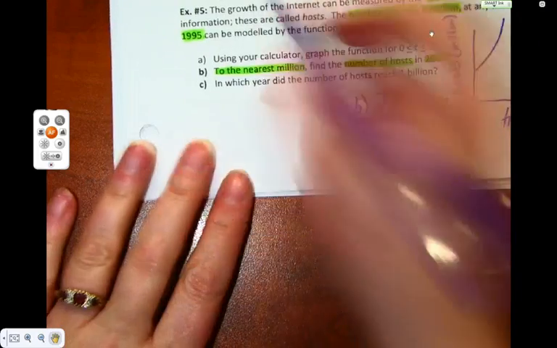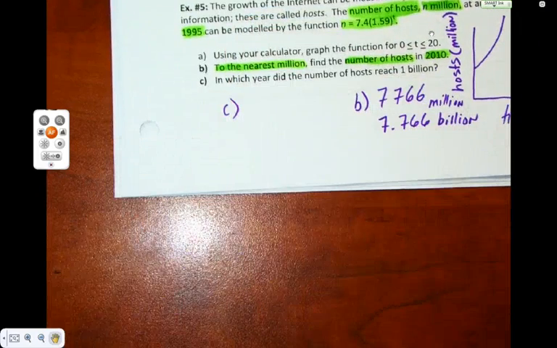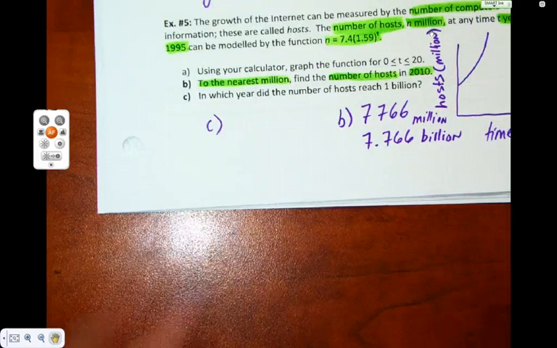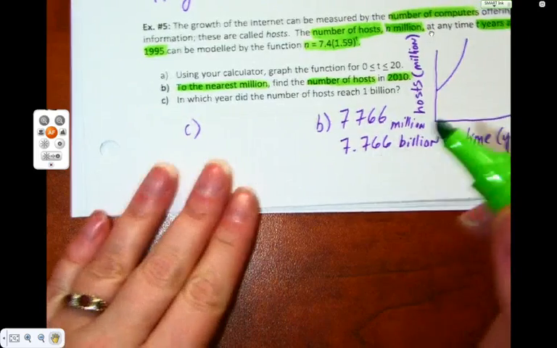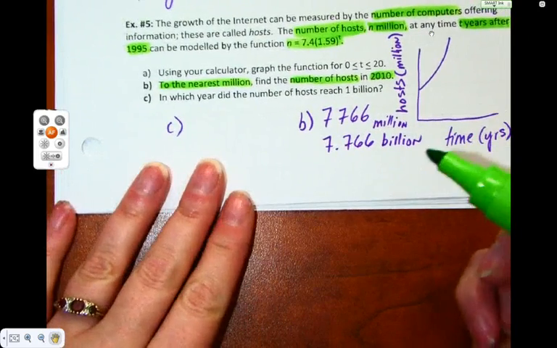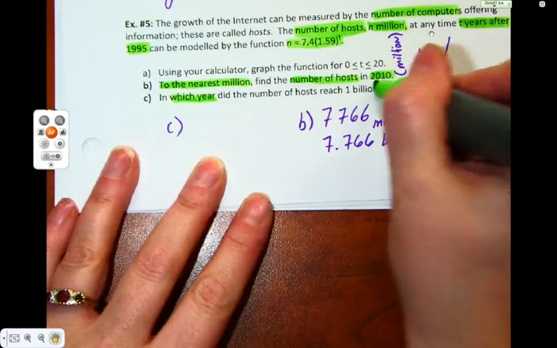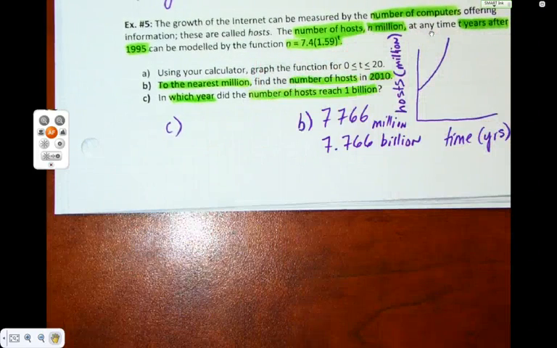Okay, what about C? I'm actually looking for some highlighting. Okay, so are we looking for an x or a y? We're looking for an x value.